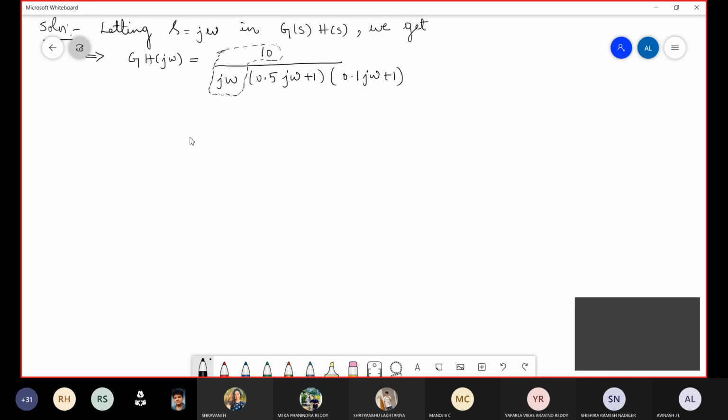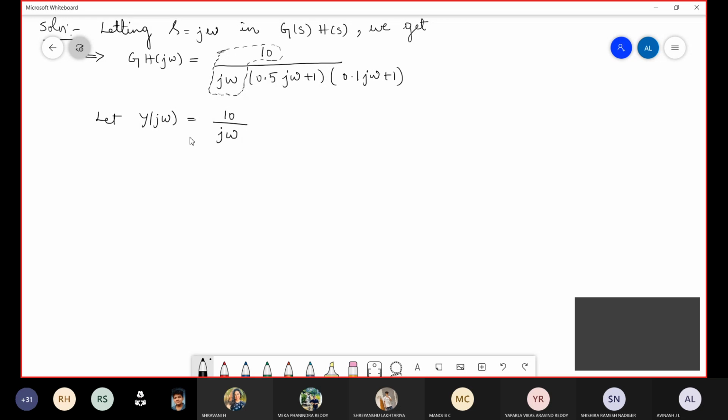So let Y(jω) equal 10 divided by jω. That is what we now consider.